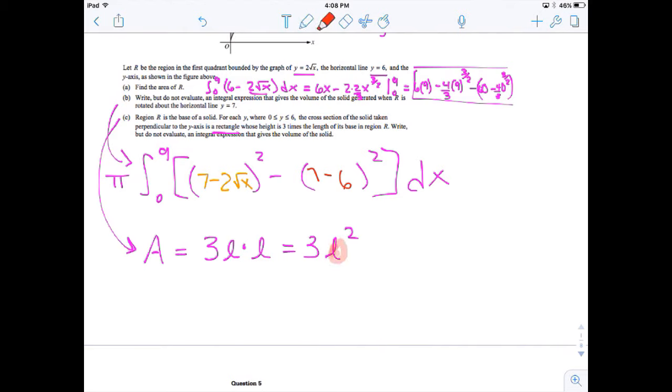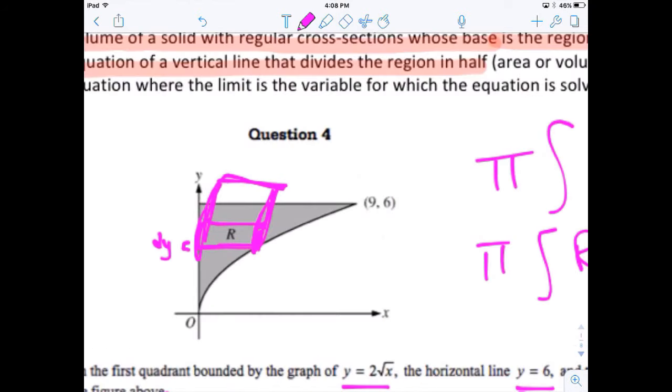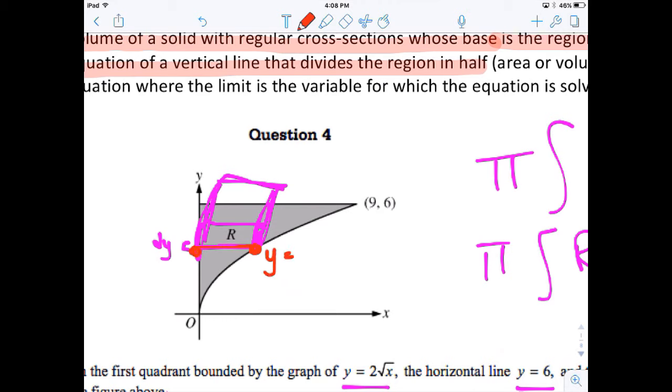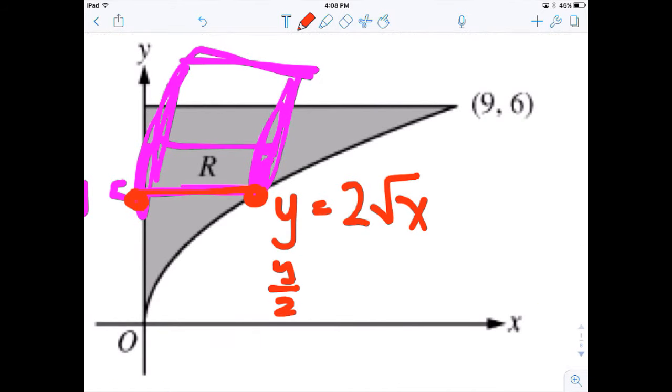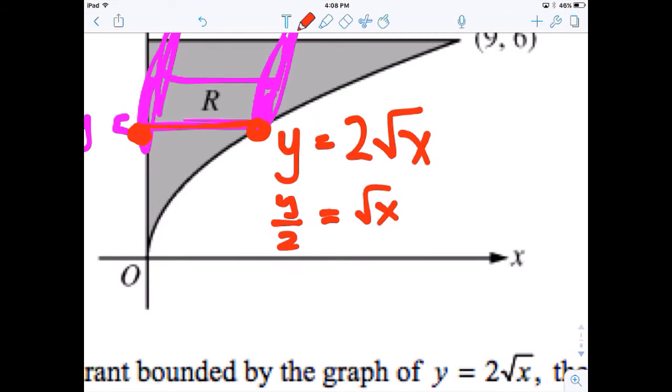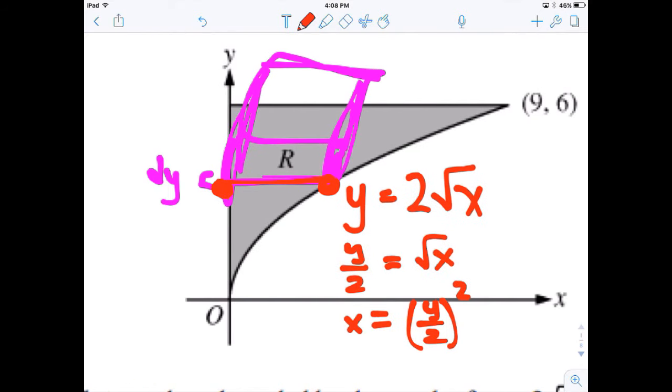So let's look at this here. The actual length of this goes from here to here. This is y equals 2 radical x, but since I'm doing this with respect to y, I'm going to solve this for x. So y over 2 equals radical x, so x equals y over 2, squared. And then this is x equals 0.